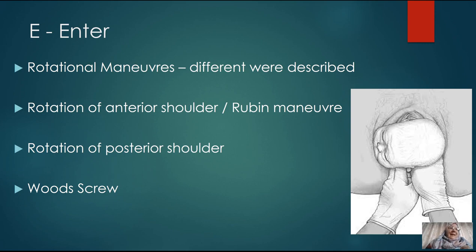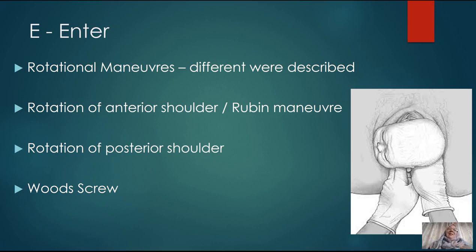So they have different names. One is the Rubin maneuver, which is aimed at, you enter with your hand, you put your fingers on the posterior aspect of the anterior shoulder, and you try to just move the shoulder down from behind the obstruction. So you do what the suprapubic pressure wanted to do from outside, you now try to do from inside.